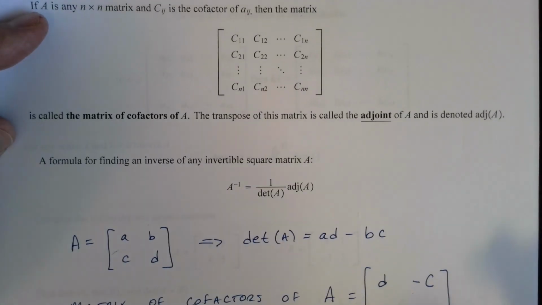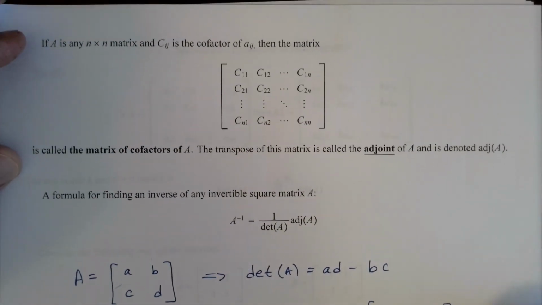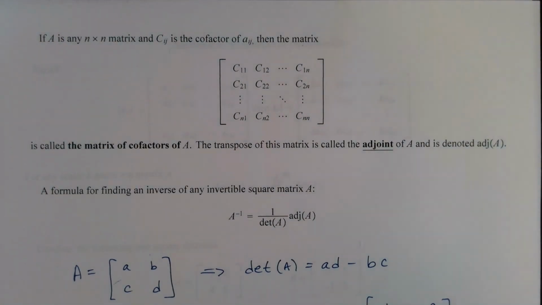Okay, so this ends our discussion on determinants. You can see from this last couple of videos important properties relating the determinant of a matrix to whether or not the matrix is invertible, and then having this nice formula for the inverse of an invertible matrix.